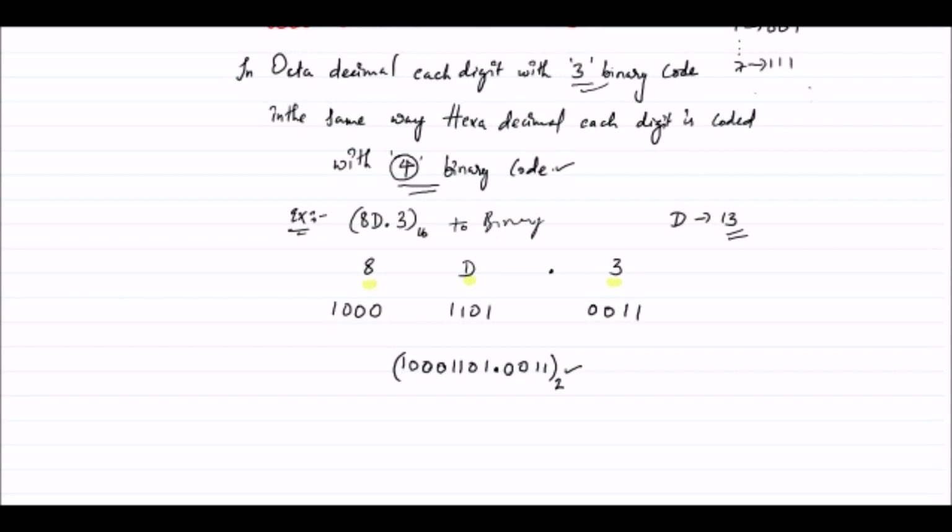The binary code of 8 is 1000, and D has decimal value 13, and the binary code for 13 is 1101, and 3 is 0011. If I start writing this entire binary code, I have the complete binary code as 100.